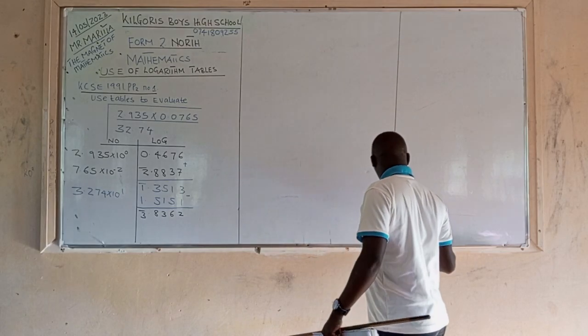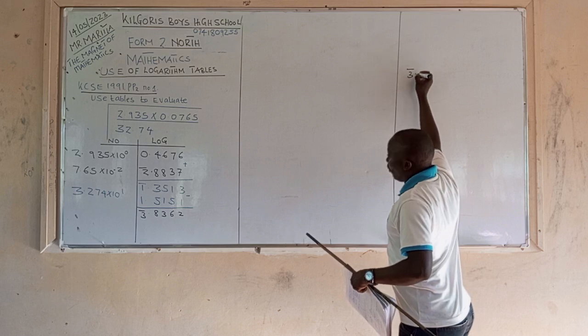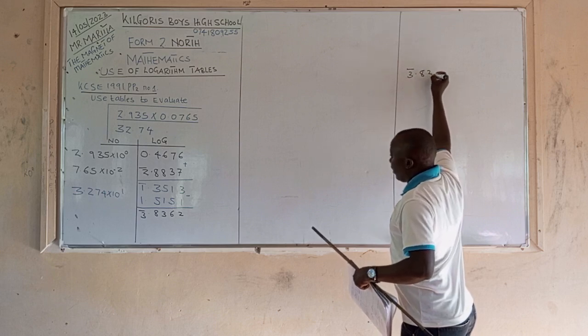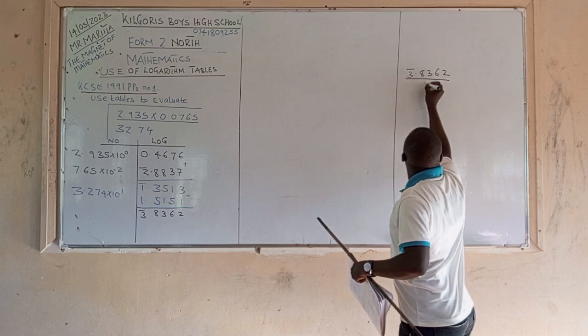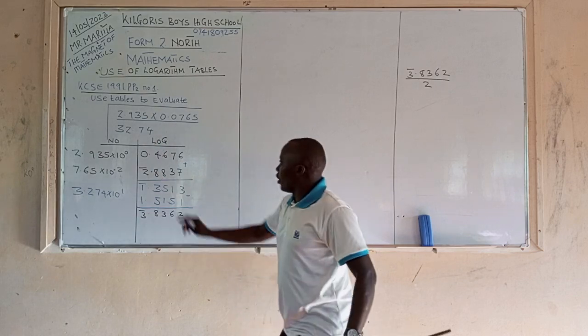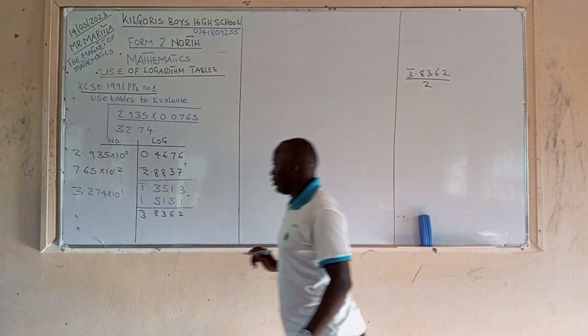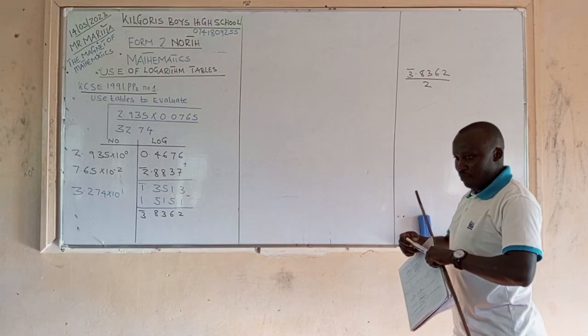So if we work out this one here, we have bar 3.8362. Then now we are dividing this one by 2. When we have a square root like this one, without any number there, it means we are supposed to divide by 2. So in this case, you need to separate the characteristic and the mantissa.